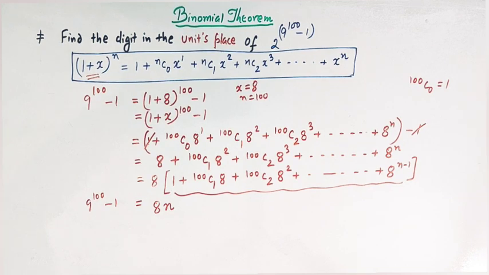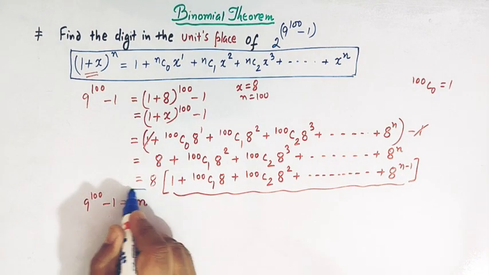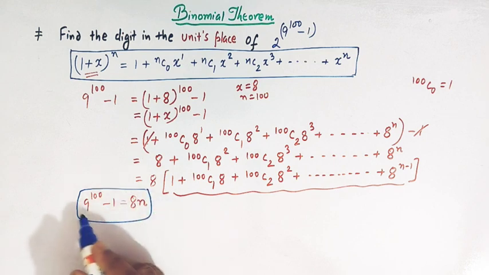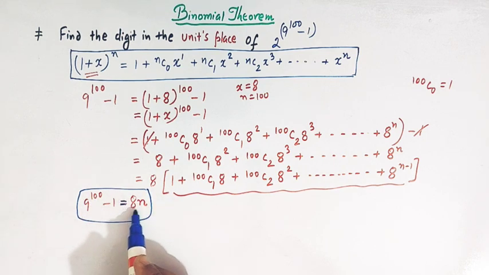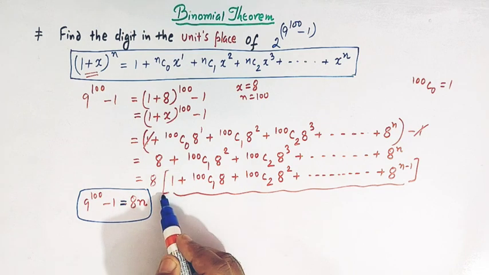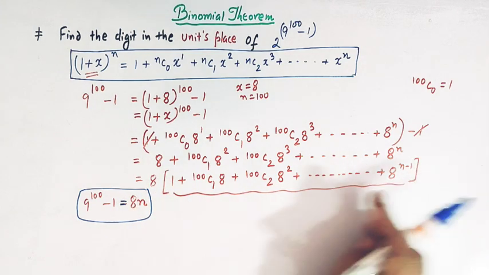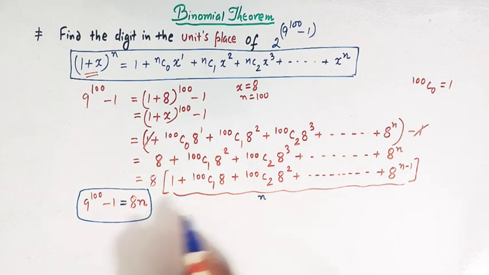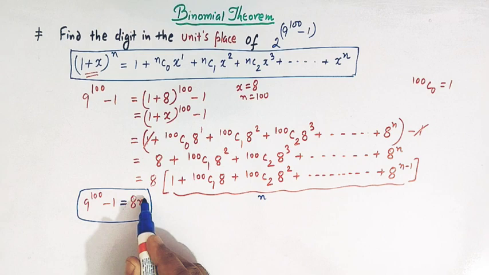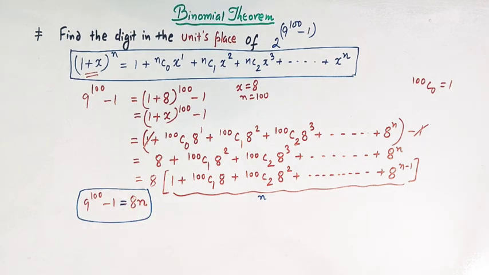So now we have arrived at this result, that is 9^100 minus 1 is equal to 8 times n, where n is the quantity which is written inside the square brackets, and this n is a positive integer.